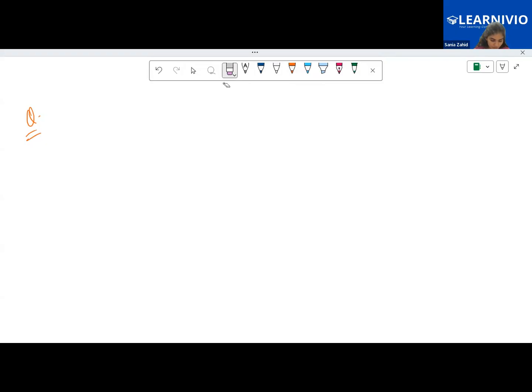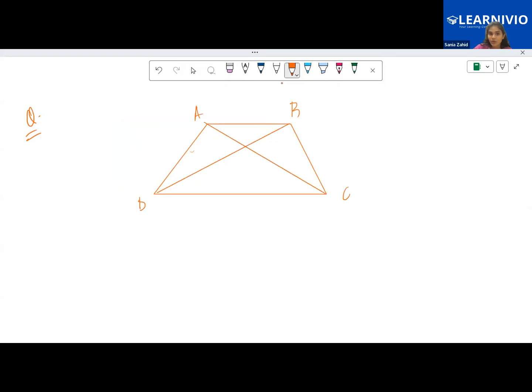Let me just read the question. The question was, diagonals of a quadrilateral ABCD intersect each other at point O. So you call this A, B, C, D, and the diagonals are intersecting each other at point O. Now what is given to you?